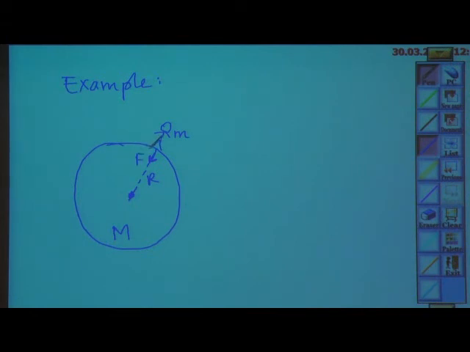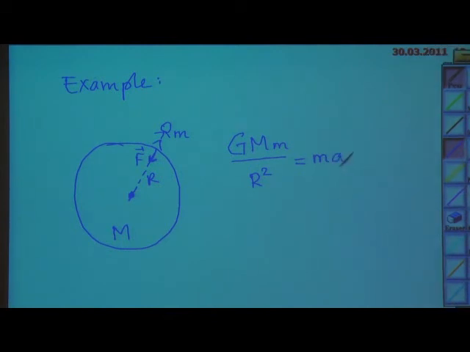This force here is the gravitational attraction, G M m over r squared. And using Newton's second law, it's simply m times a, the acceleration, acting as a force on you.